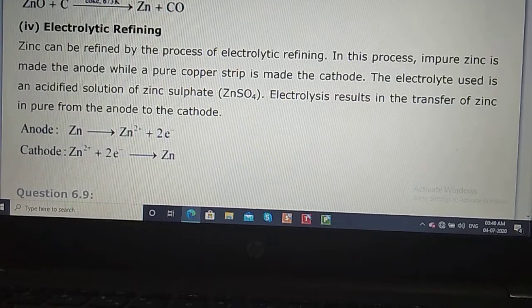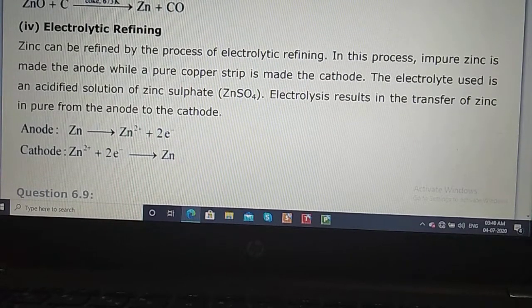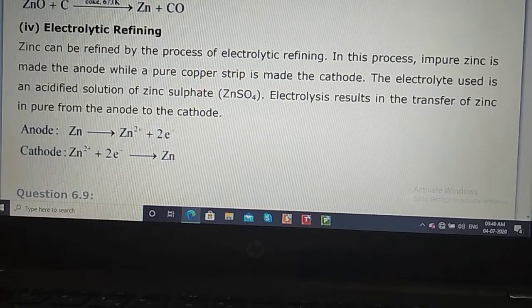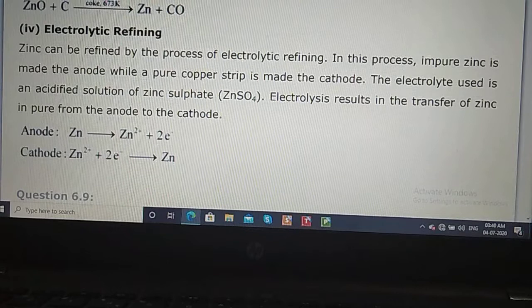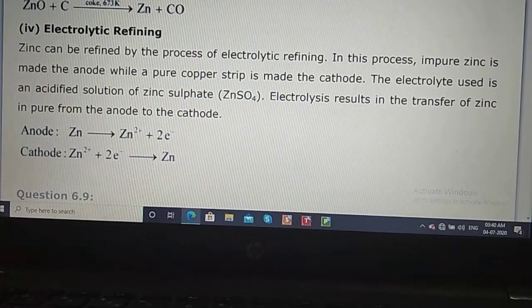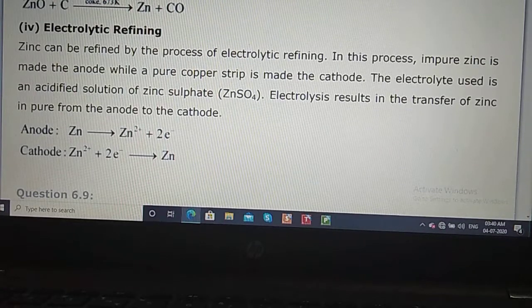The electrolyte used is an acidified solution of zinc sulfate. Electrolysis results in the transfer of zinc in pure form from the anode to the cathode. On the anode, an oxidation reaction takes place in which zinc converts into Zn2+, and on the cathode Zn2+ takes 2 electrons and converts into zinc. So this is the reduction.